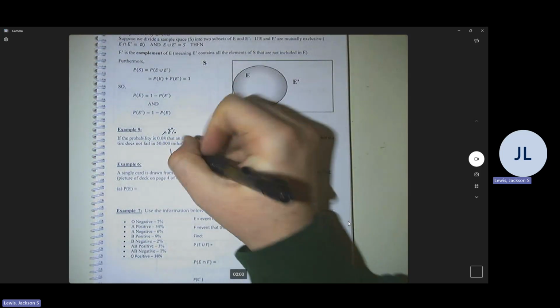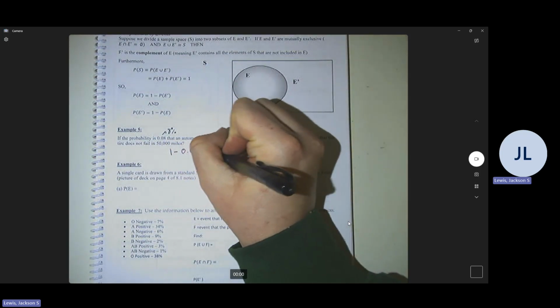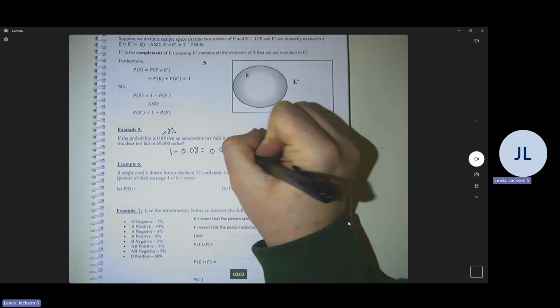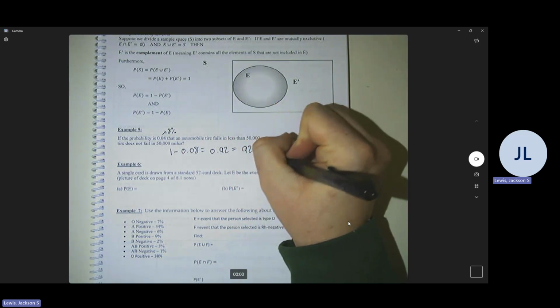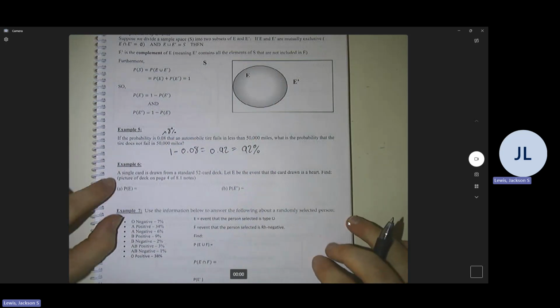Well, 1 minus 0.08 is 0.92, which is 92%. Pretty straightforward. Any questions about that? Cool. And it makes sense intuitively, right? Either something happens or it doesn't. Put the chances together, you should get 100%.